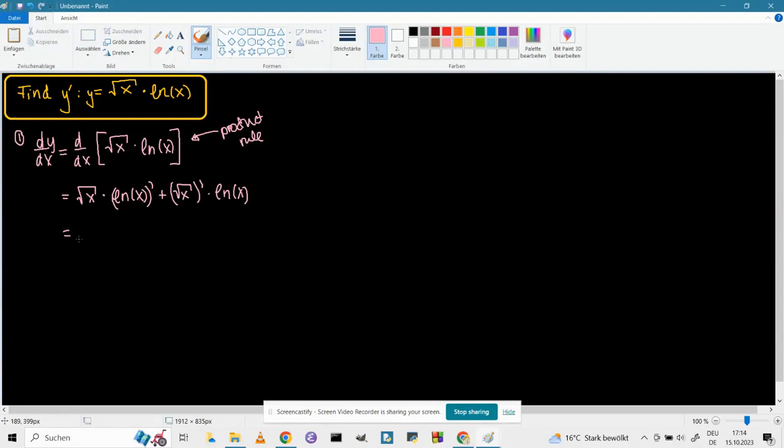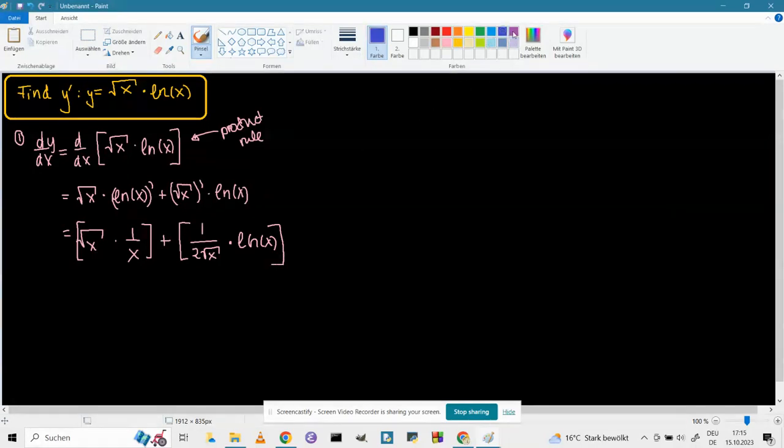So now we've got square root of x times 1 over x, because the derivative of ln x is 1 over x, plus, let me put that in brackets or we're going to get confused, plus, now the square root of x derived is always 1 over 2 root x, times ln x.